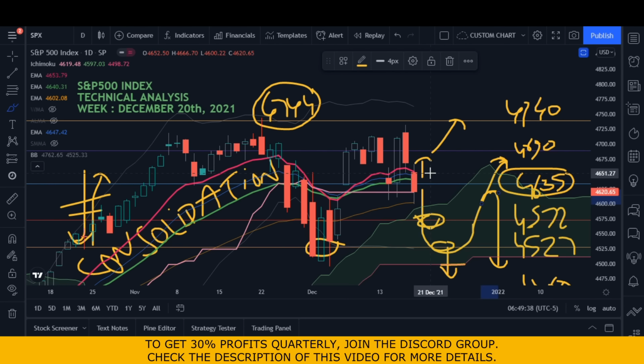If yes, then wait for Tuesday, and if the same happens on Tuesday, then comfortably the market will try to move up. Again, the market may retain the bull trend only if it manages to cross and close above 4744. That's it. If not, then it will come down. So this is the trade setup here.